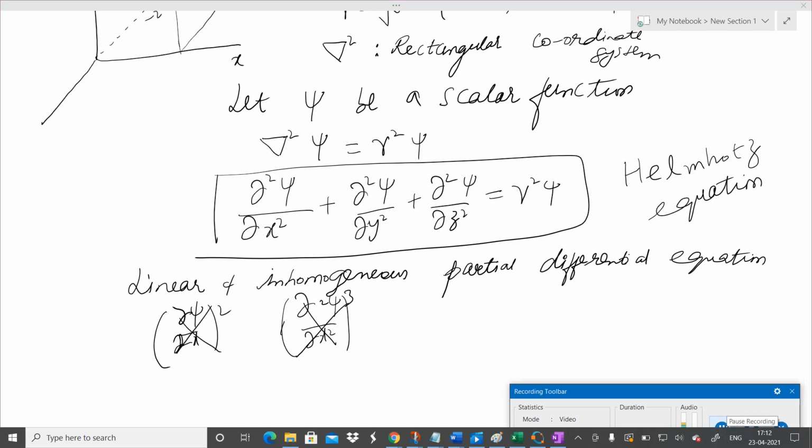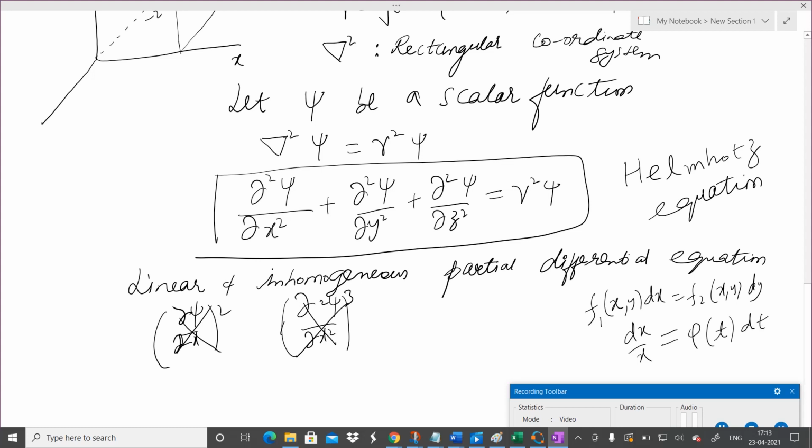Homogeneous equations are, as an example, suppose you have f1 of xy dx is equal to some f2 of xy dy, which finally can be written in this form: dx upon x is equal to some phi of t dt, after substitution.